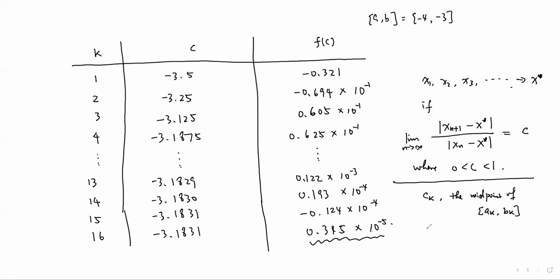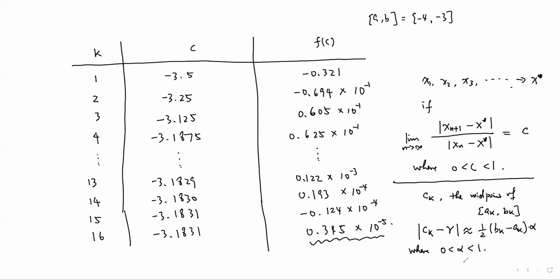Usually, c_k minus the root that we want to find, in absolute value, is roughly 1/2 of the length of this interval, b_k minus a_k, but not exactly, maybe multiplied by some number, say alpha, where alpha is of course greater than 0 and less than 1.